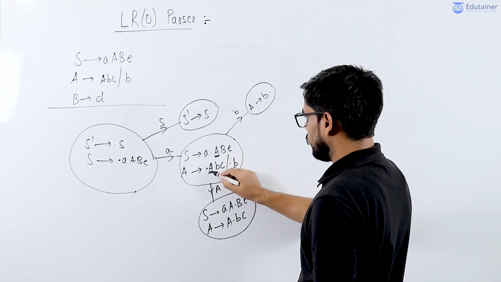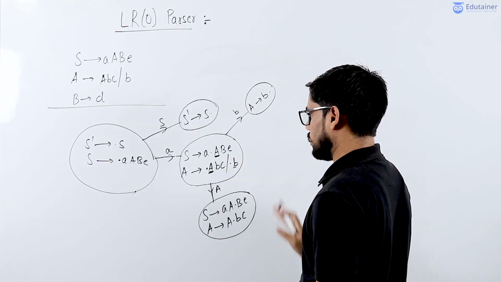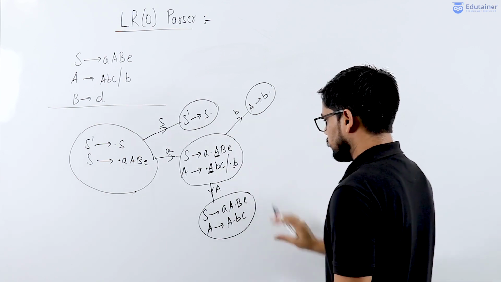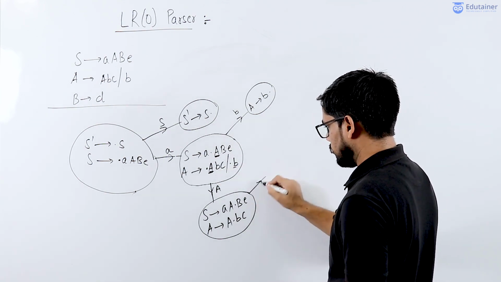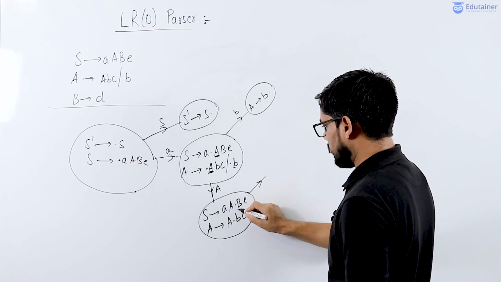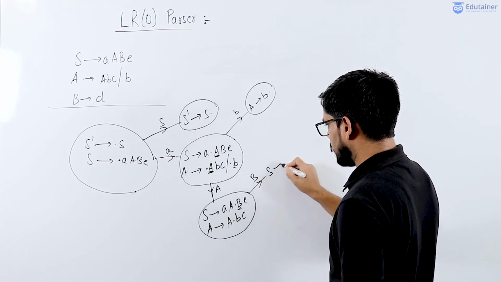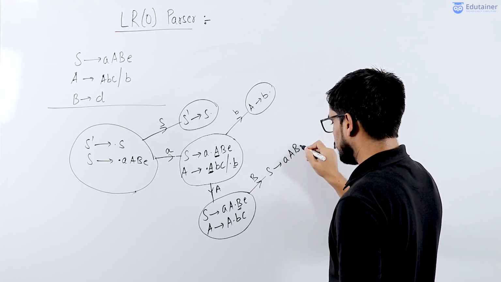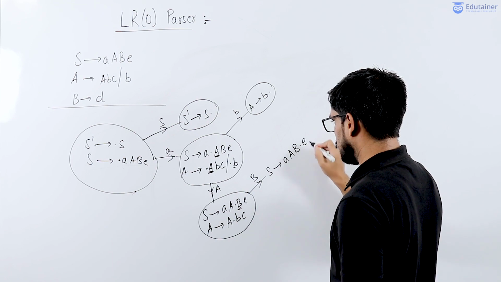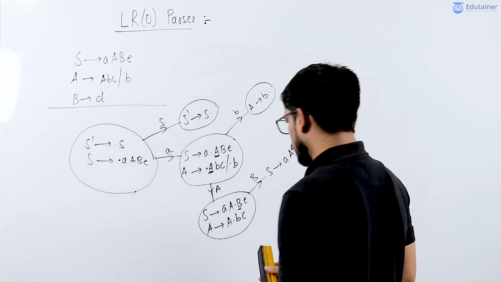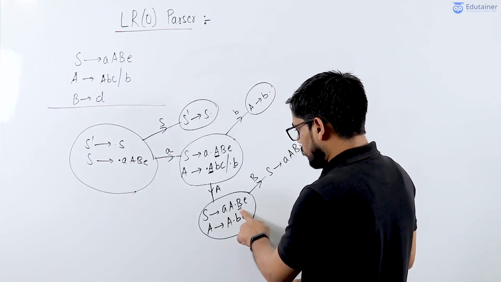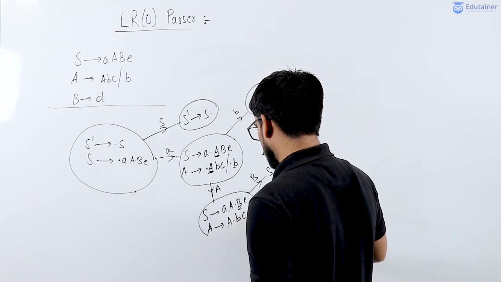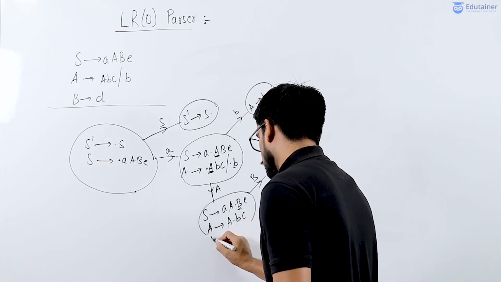Okay, for A and for B I have completed the steps here. Now for capital B, S derives A B dot E. And one more thing, for this B I need to add the B productions.